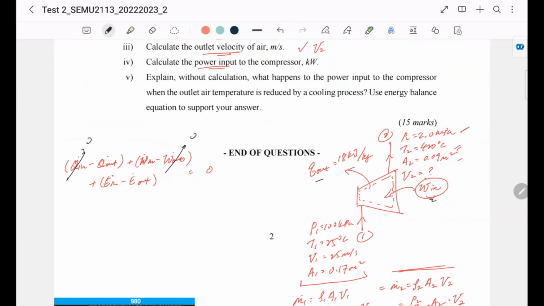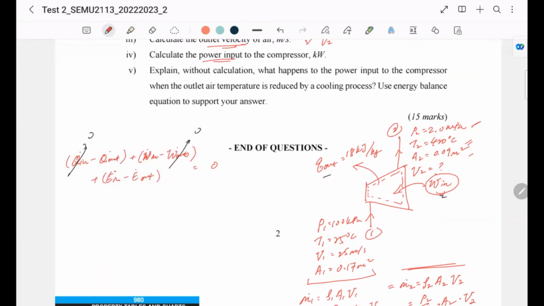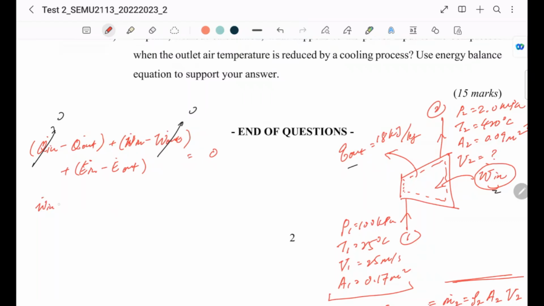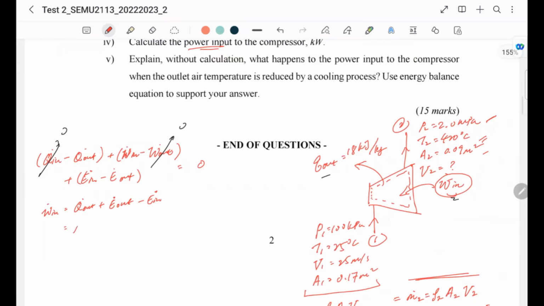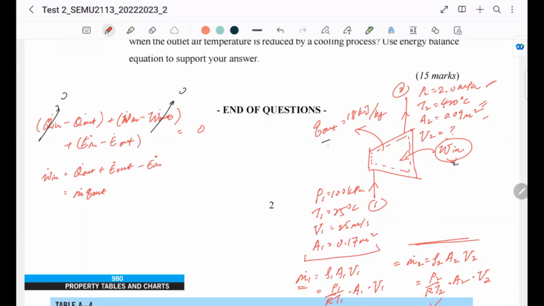Okay, so then let's rearrange it slightly. For us to find W in is basically Q out plus E out minus E in. And Q out is basically m dot q out. Okay, m dot q out.